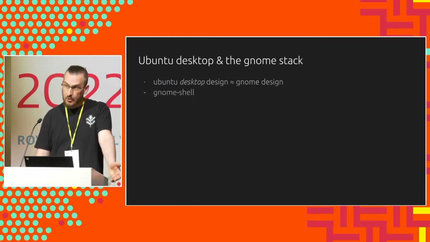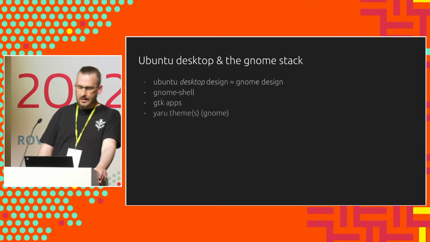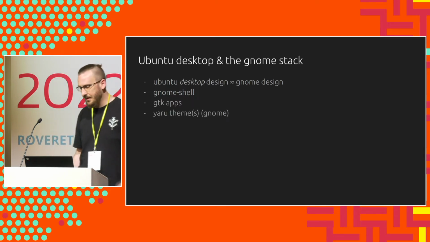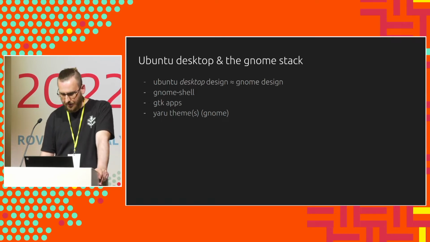We got the GNOME shell as a software component, and we got GTK apps. On top of it, we got the Yaru themes, which are basically GNOME themes with a little bit of orange.